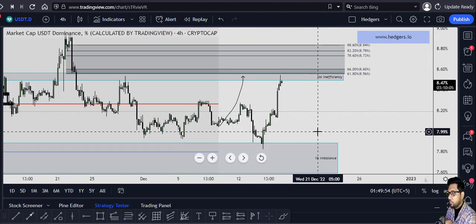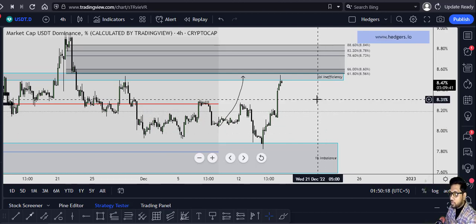Okay, one more confluence from the USDT dominance. If you know that whenever USDT dominance goes up, the price of Bitcoin goes down. This is an inverse relationship with market cap and USDT dominance.